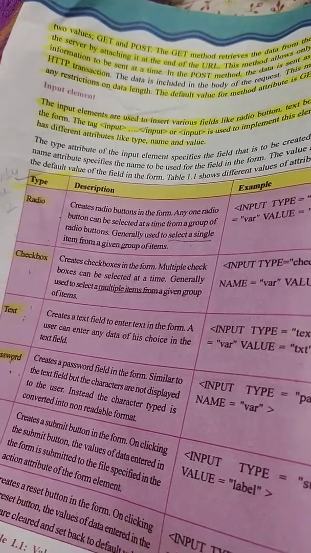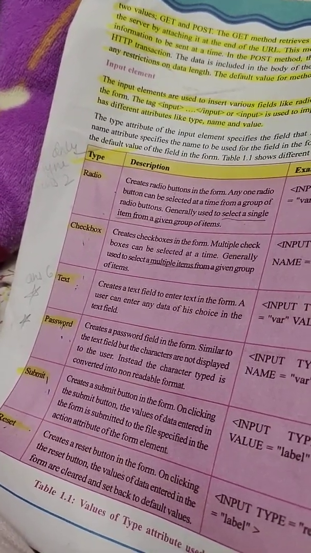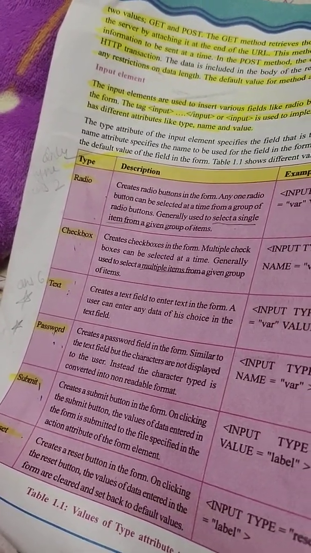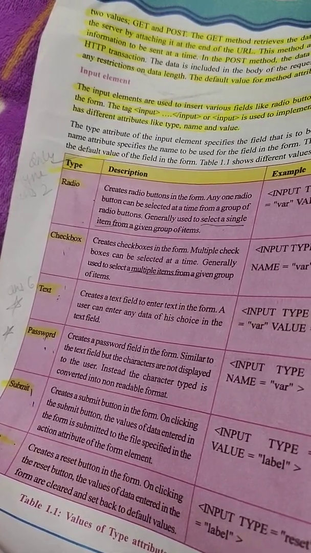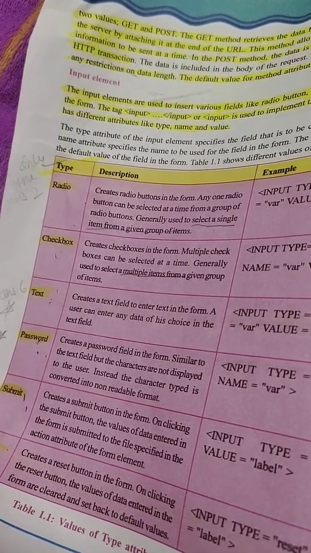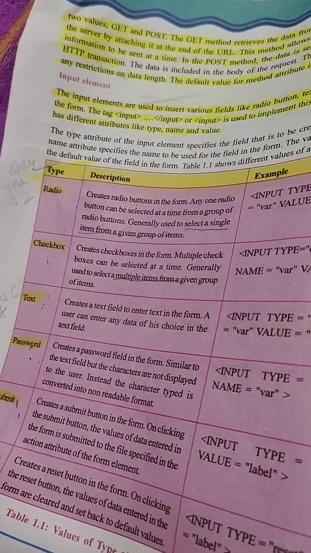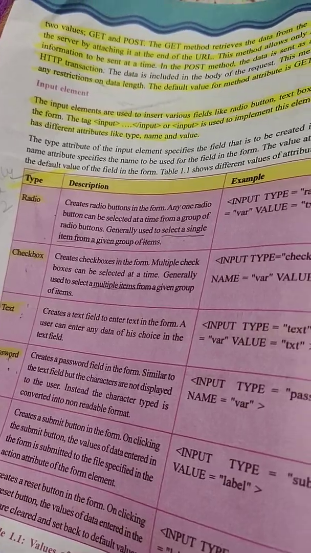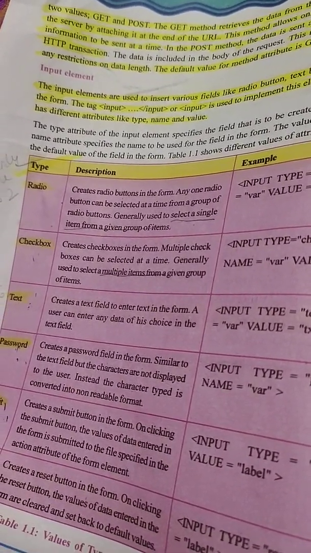Radio button, text box, checkbox, text, password, submit, reset. These are the options. Radio button creates a radio button in the form. Any one radio button can be selected at a time from a group of radio buttons, generally used to select a single item from a given group. When we have to select a single item, we click a radio button.